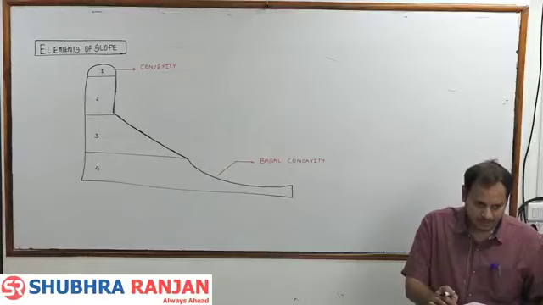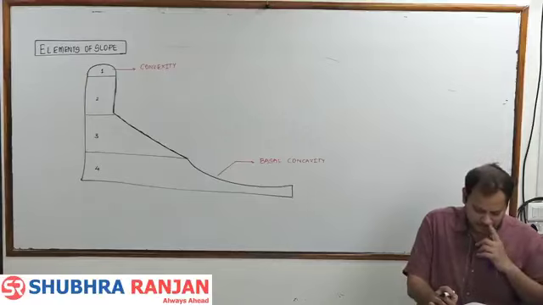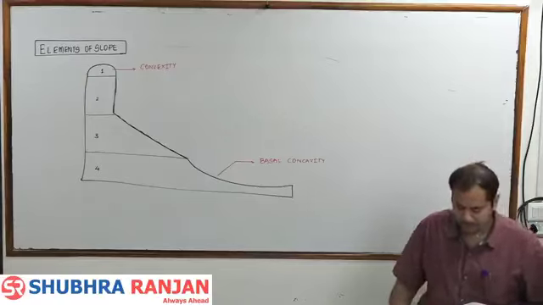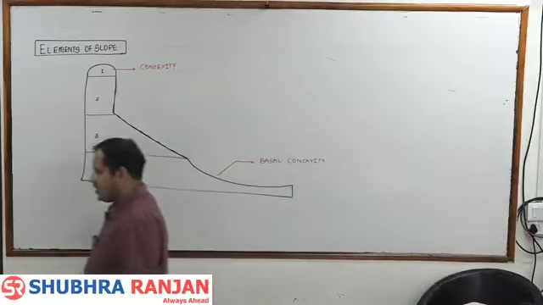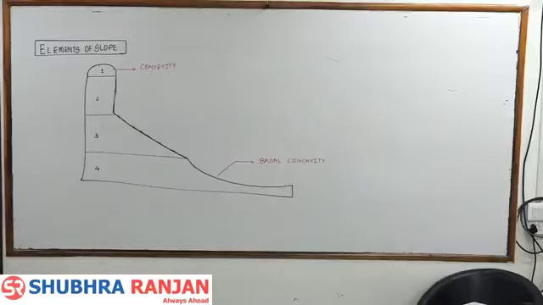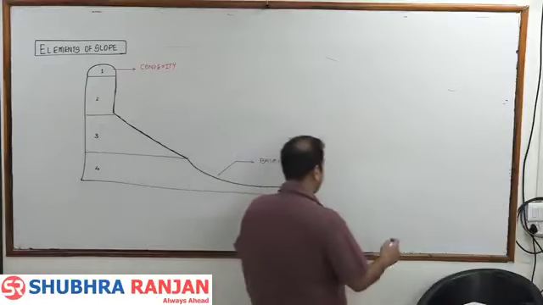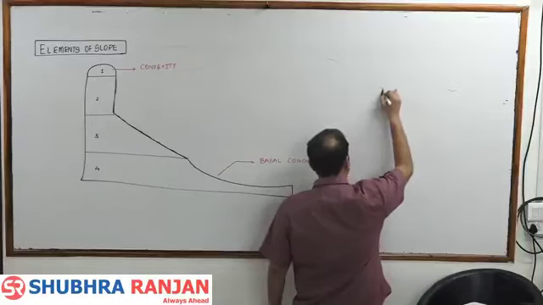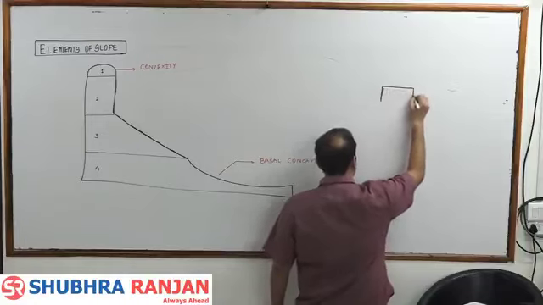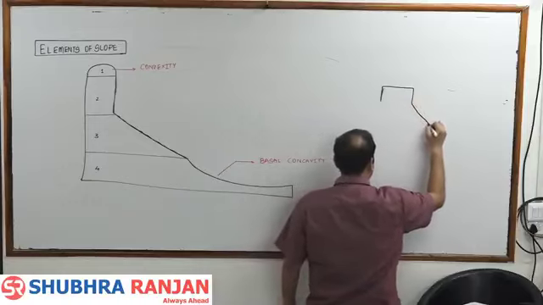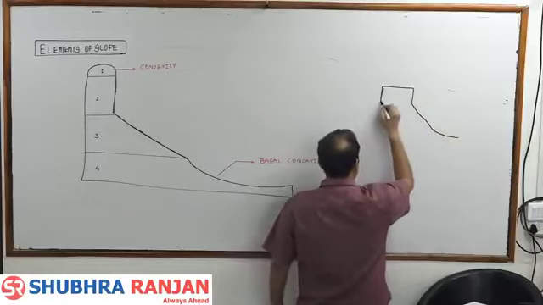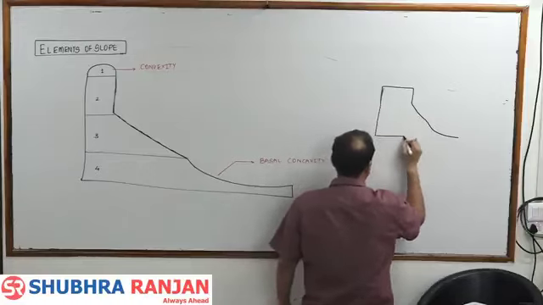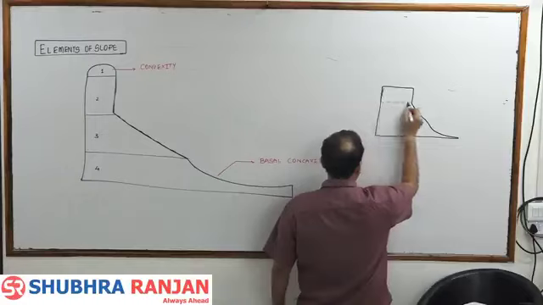Next point. In the arid regions, where the rock is hard crystalline rock, top convexity is absent.